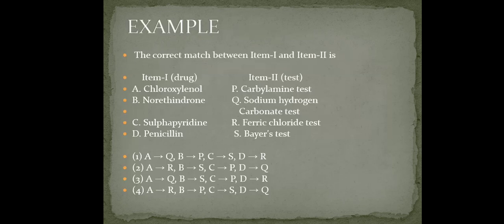That's why understanding the structure of a particular functional group will be very, very important. If you don't know the structure of a particular drug, or if you don't know which functional group is present in that drug, then it becomes very difficult to tackle such a question. So let us try to see.